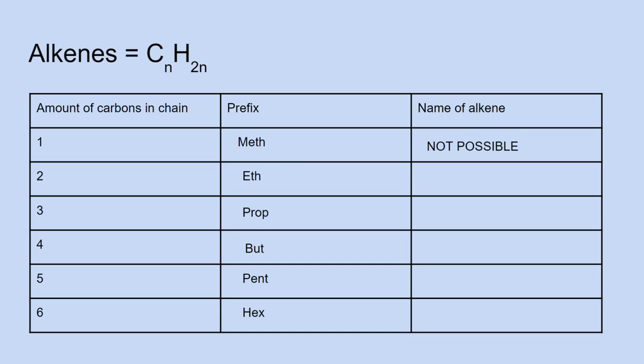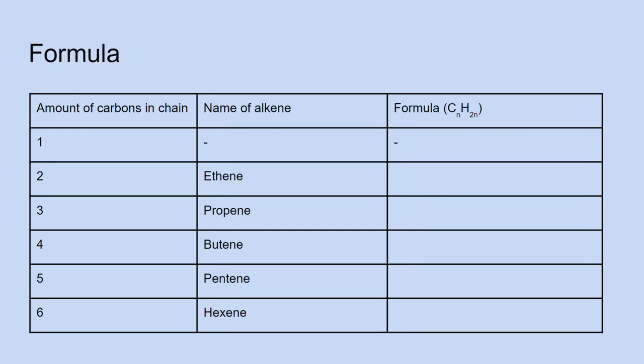So we should have ethene, propene, butene, pentene, and hexene. Okay? Can you work out the formula of those alkenes? The general formula is at the top of the formula column if you need a hint. Pause the video, make sure you've done that. If you haven't, do it now.